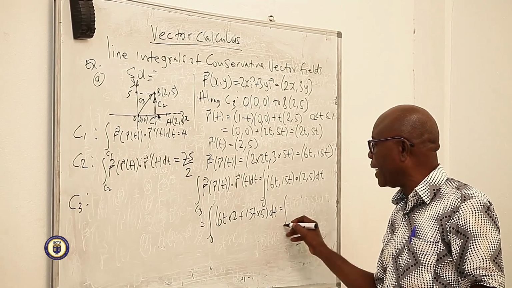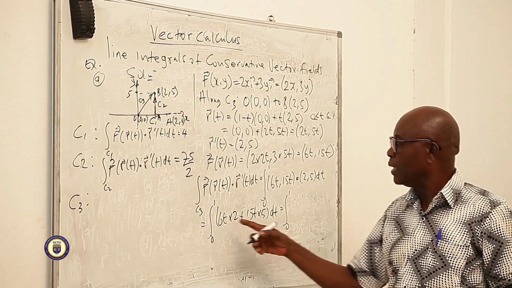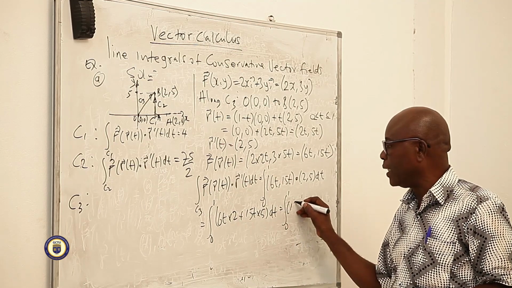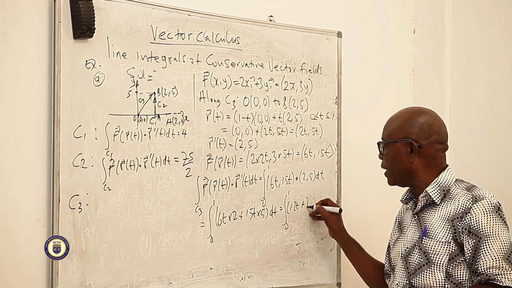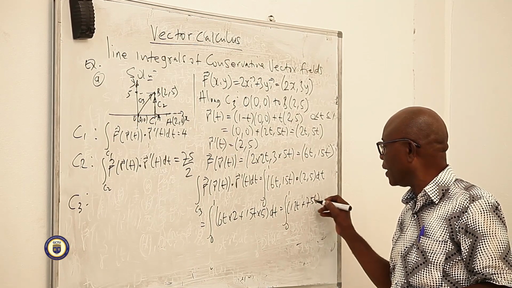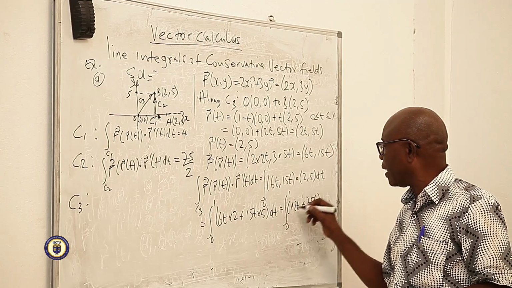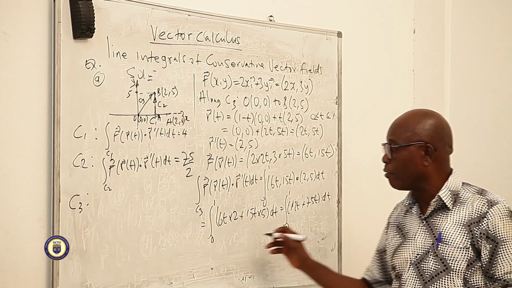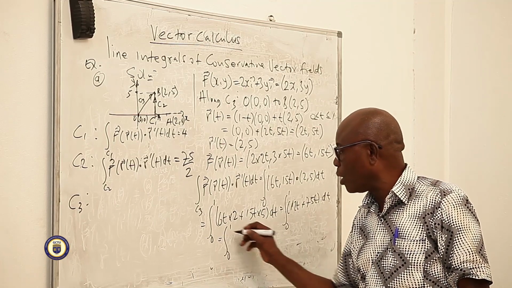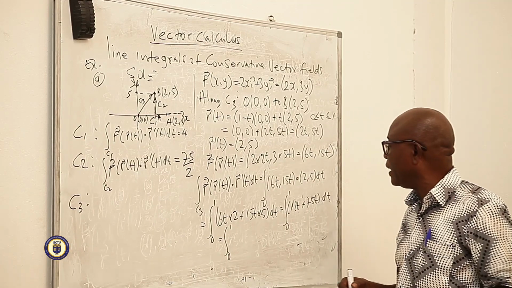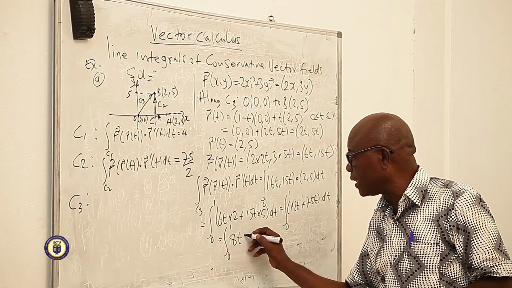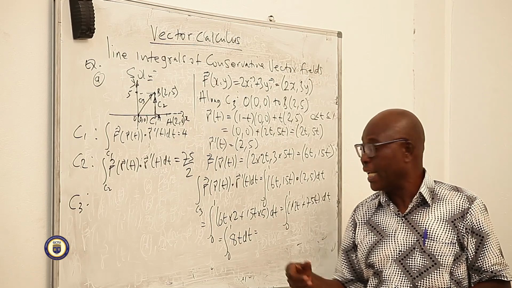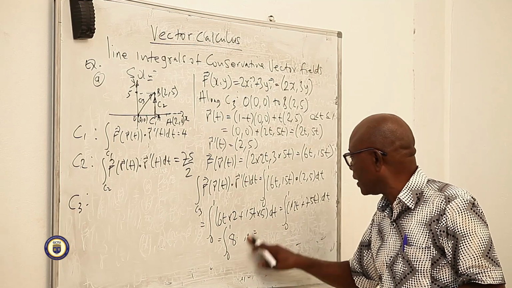And so when we tidy up, we're going to have 12t plus 75t dt. And so if you add 12 to 75, obviously you're going to get 87t dt.